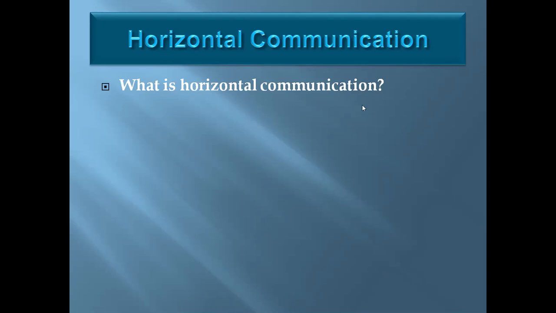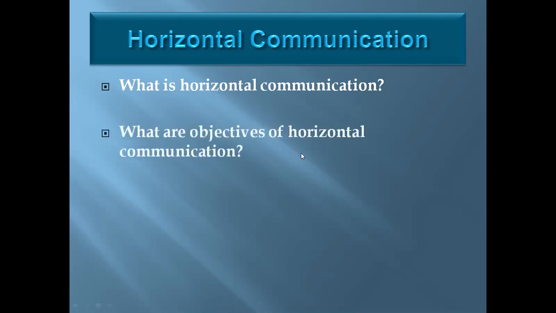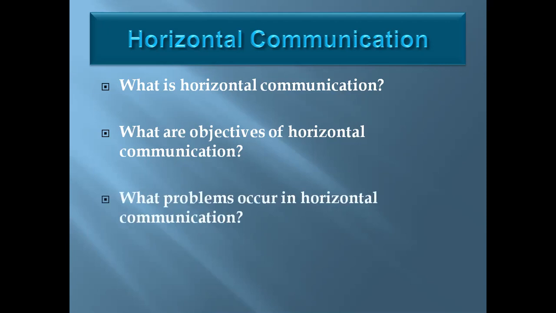So the major objective of horizontal communication is to create an atmosphere where different departments can cooperate with each other, where you can help each other to achieve your combined goal. This horizontal communication has many different problems. So, let's see what problems occur in horizontal communication.